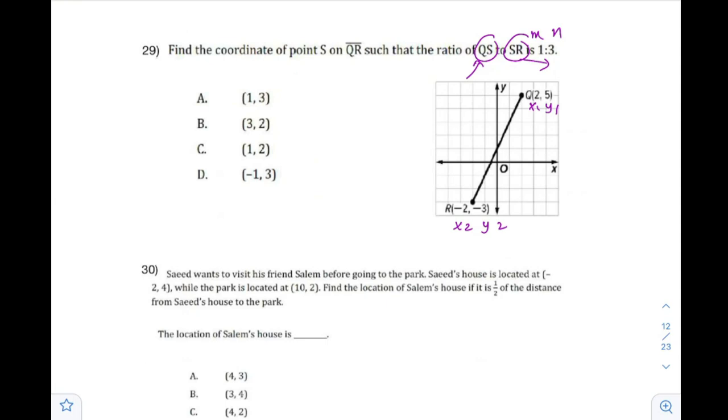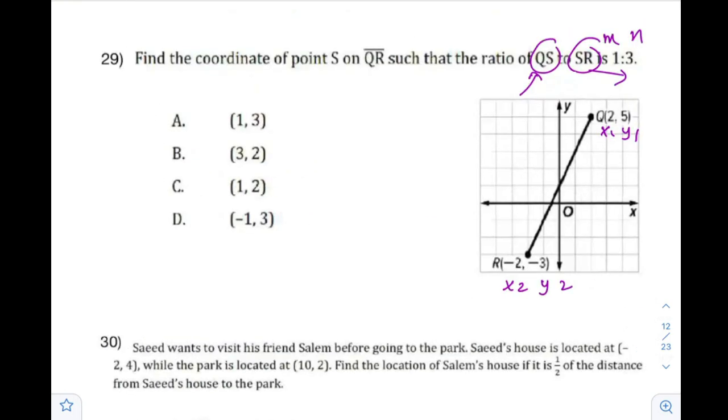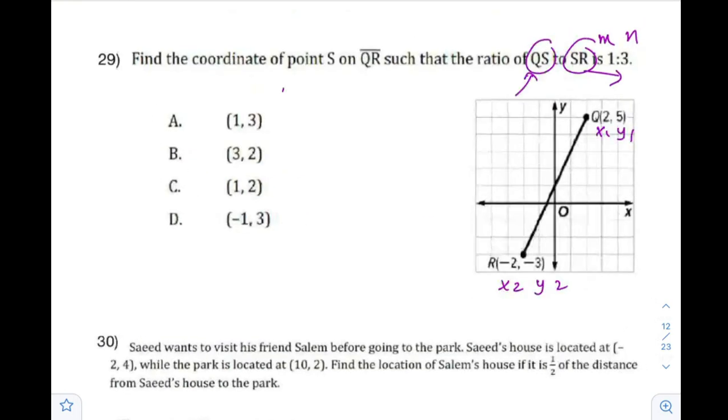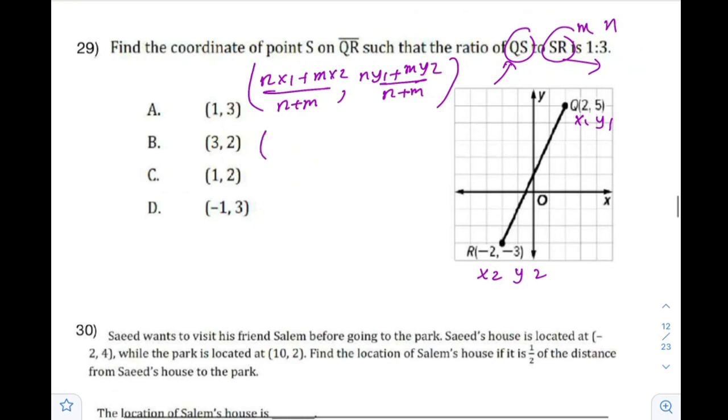This is very important to know. Now, since this is a ratio, we will apply this one. Okay. So, N.